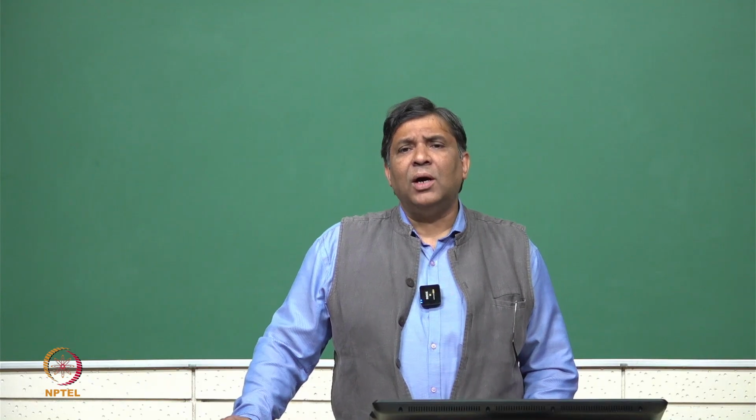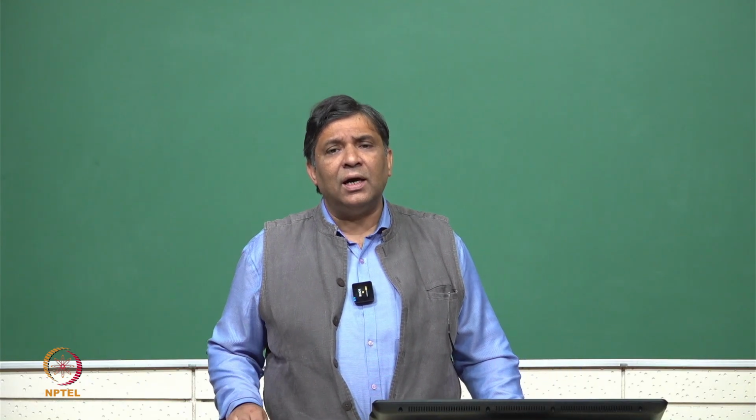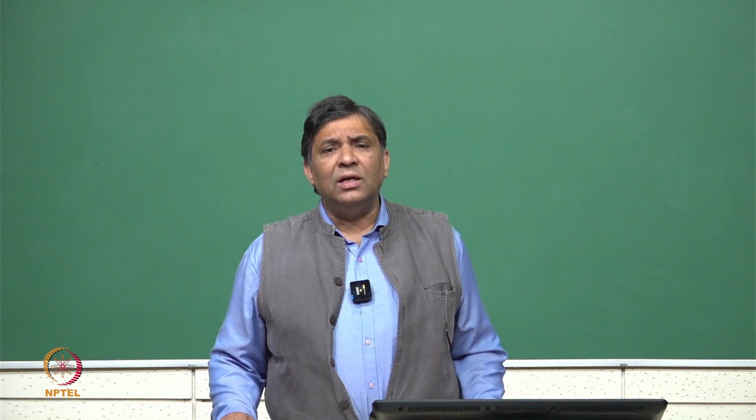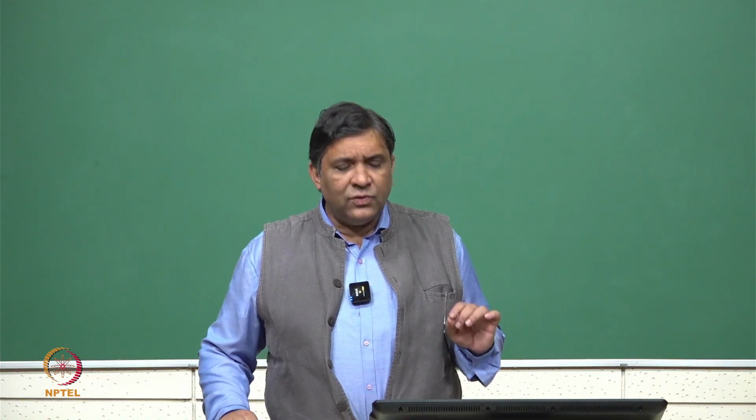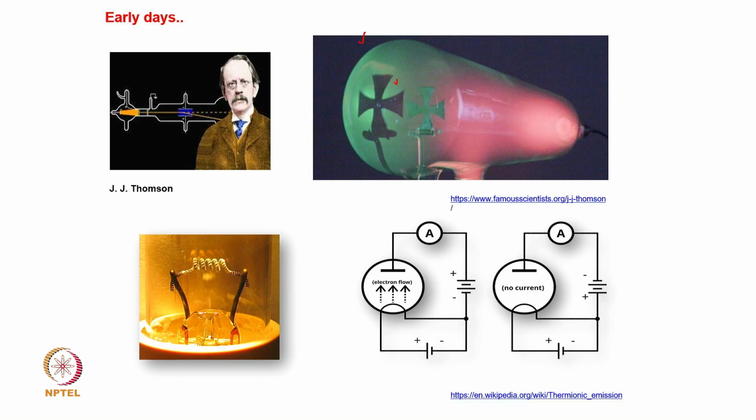And finally, he came out with a very clear idea that this cathode ray basically consists of a fundamental particle which is smaller than an atom, and this particle has negative charge, and these are actually electrons.